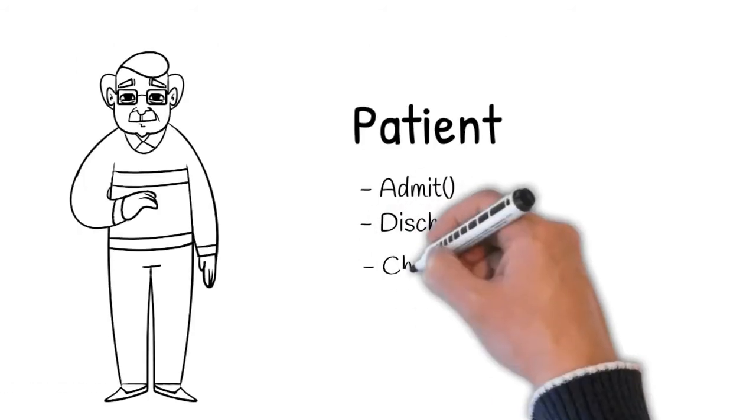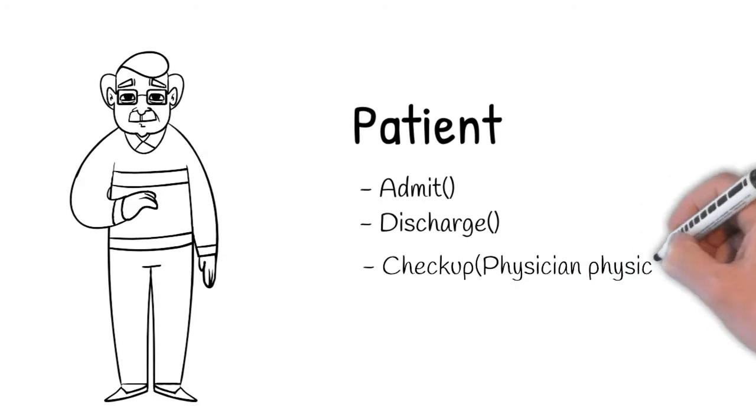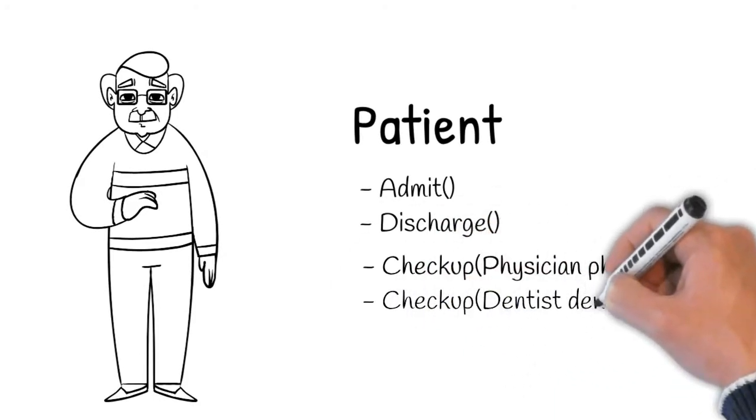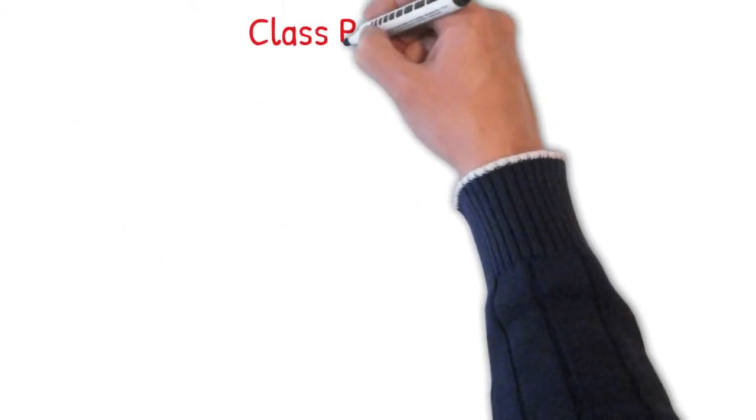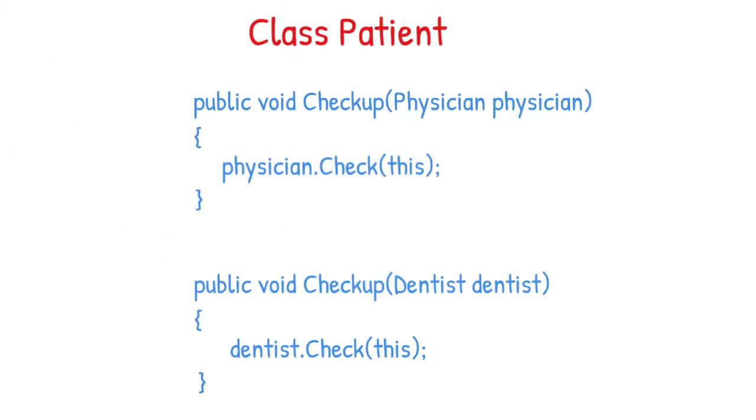So our next part will be to add these new behaviors to the patient entity: checkup which accepts physician and another overloaded checkup which accepts dentist. So programmatically, this is how the new behaviors will be added to the patient class.